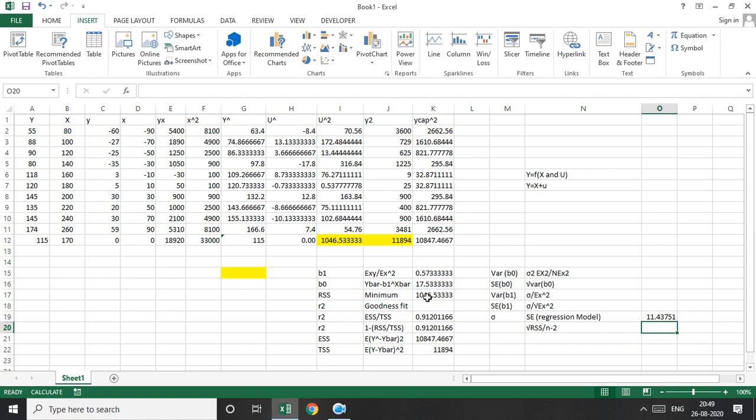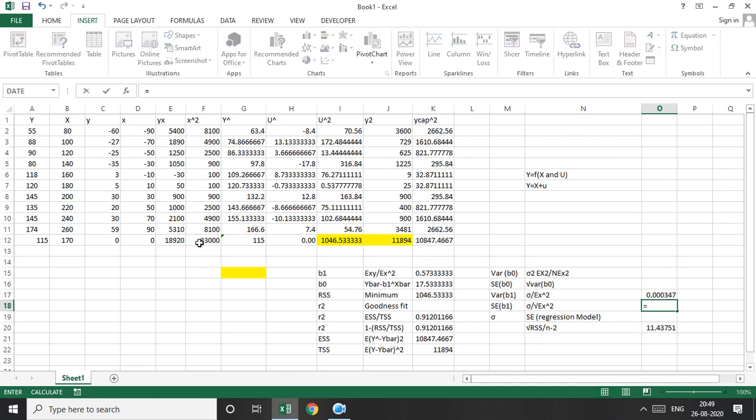Okay, yes. Now we can find out these values. First the variance of beta 1. This is small sigma squared divided by sigma of small x squared. This is the small x, then this is the small x squared, giving 0.000347.